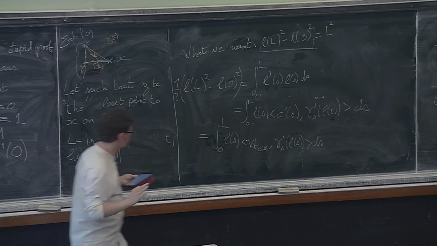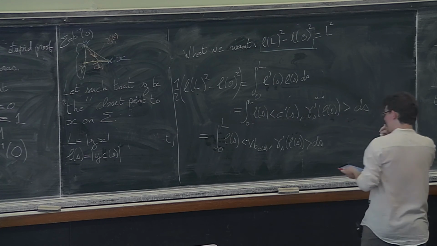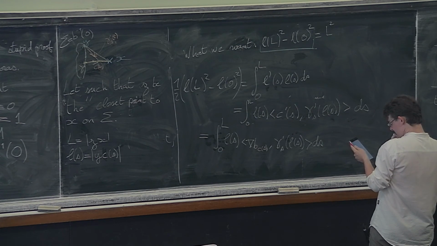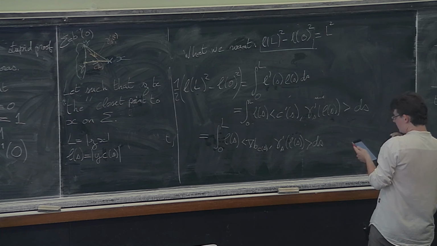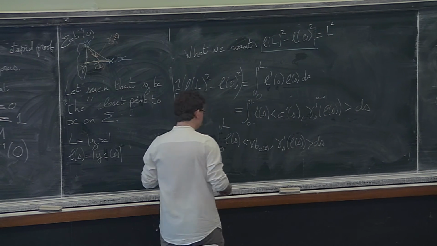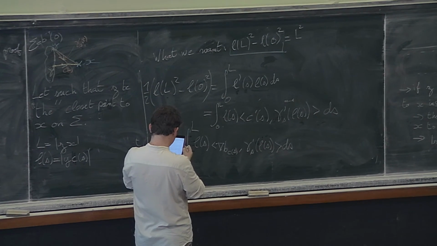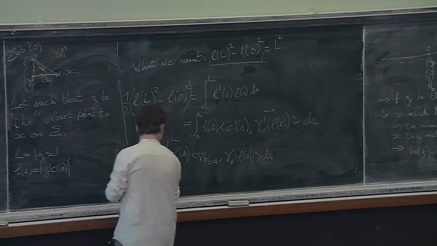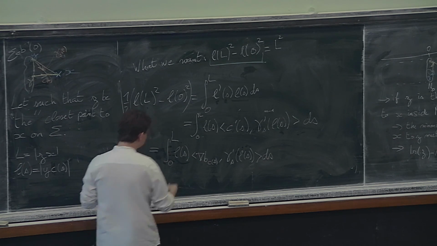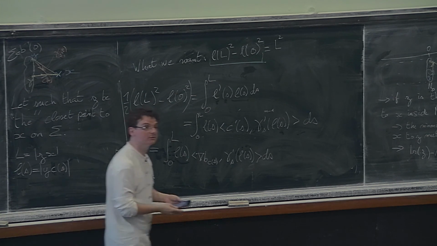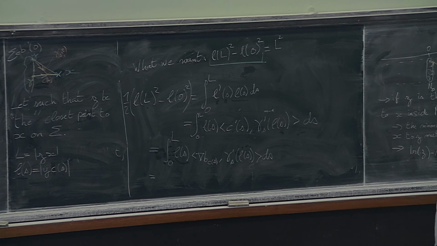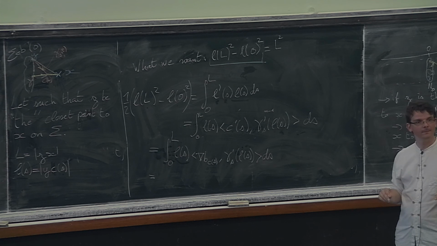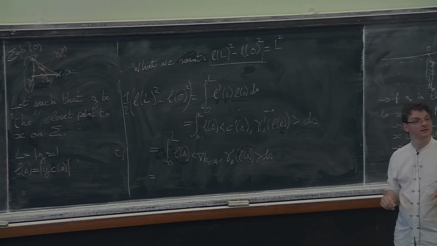Okay, so now, let's do something even more stupid. So I will integrate. I have a multiplication by l of S here, so I can integrate from 0 to l of S with respect to some dummy variable.